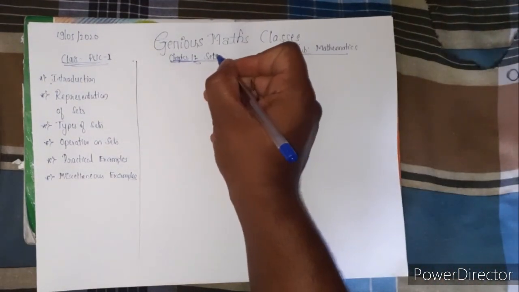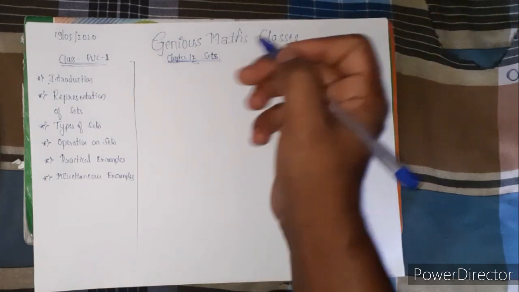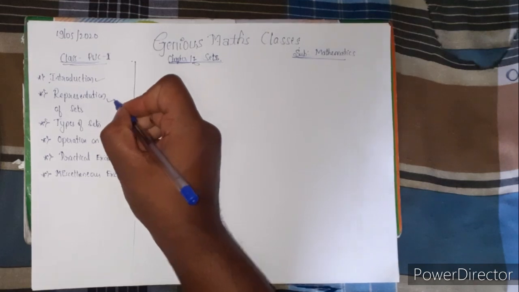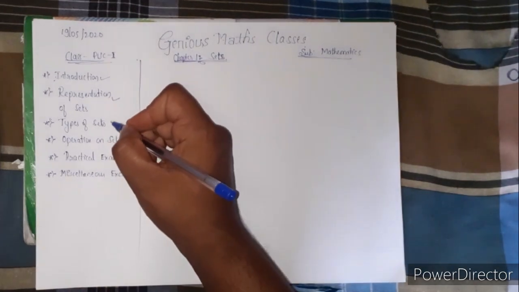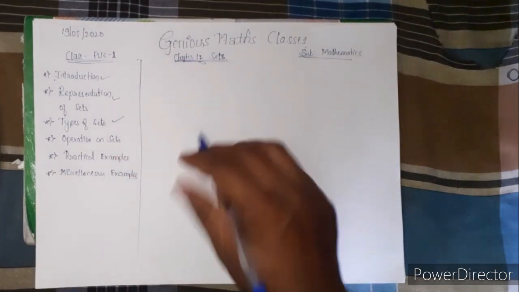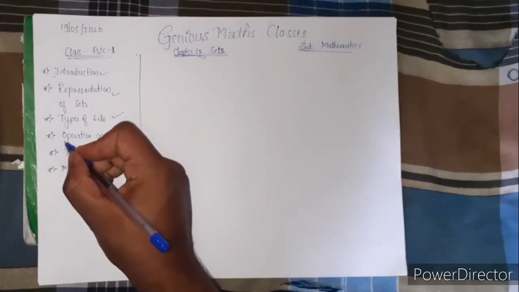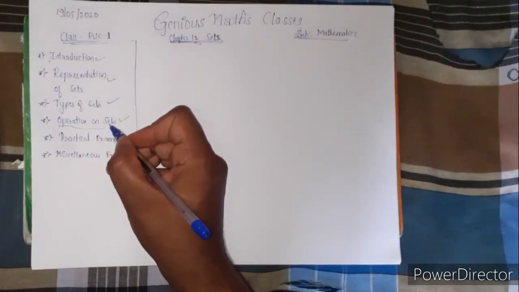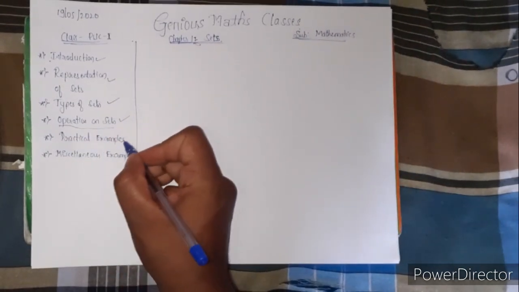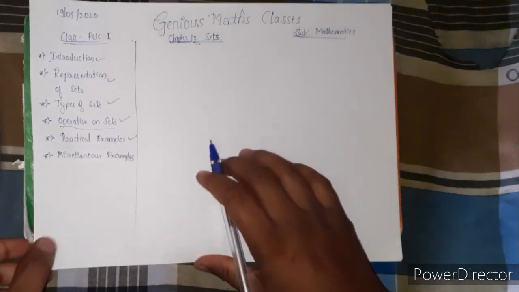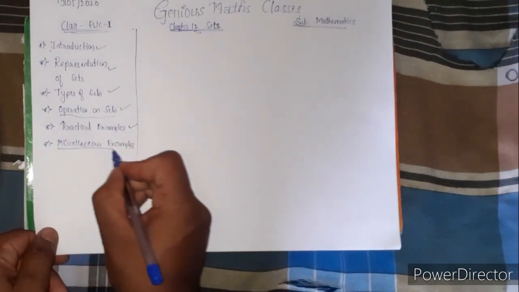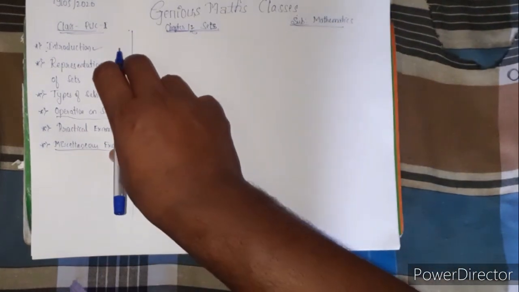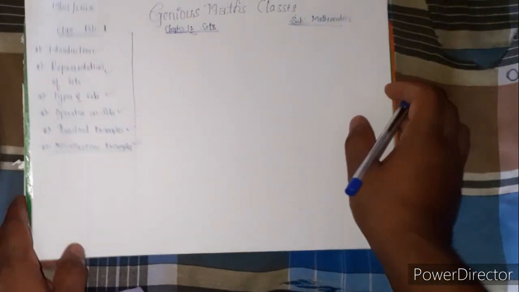In this chapter on sets we are discussing the introduction, the representation of sets, the types of sets, and what operations are performed on sets. Using the operations of sets we will explain practical examples and some miscellaneous examples which are very important for exam purposes.